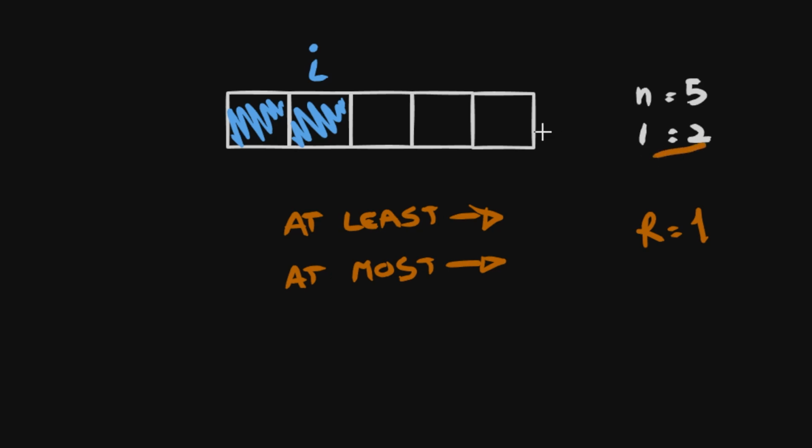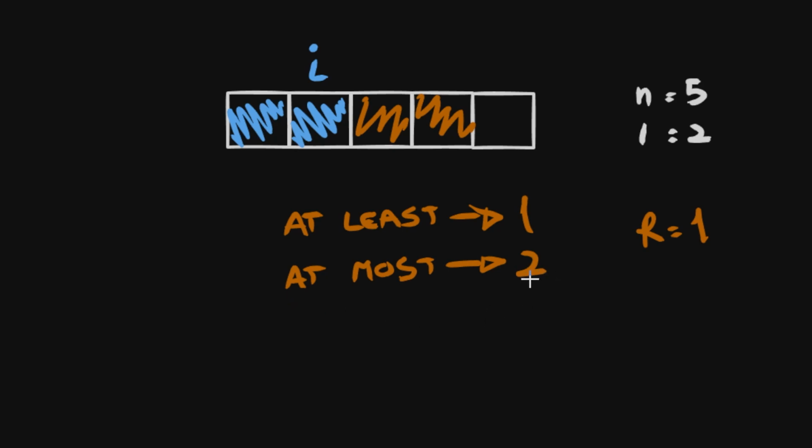We're giving 2 to the third child. This means that at least we can give 1 candy to the second child. So at least is 1. And at most, we can give 2 candies to the second child.